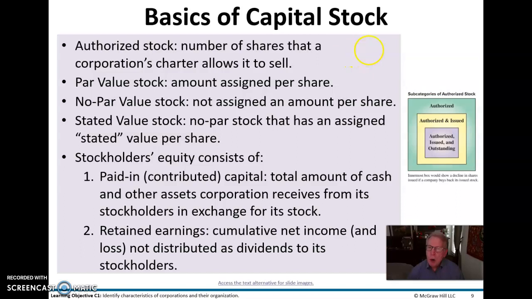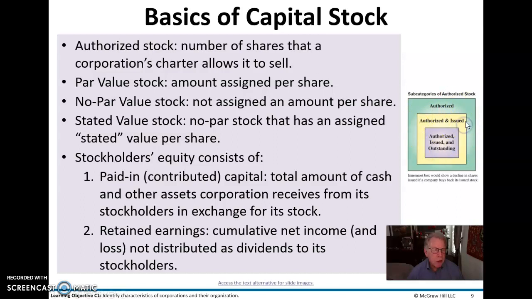You want to know that authorized stock means very little. That's just the number of shares that the corporation's charter says you could sell if you wanted to. What you're more interested in is what has been issued. Authorized and issued means that the issued shares are a piece of the total authorized.